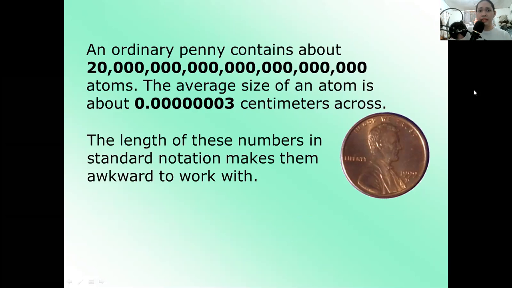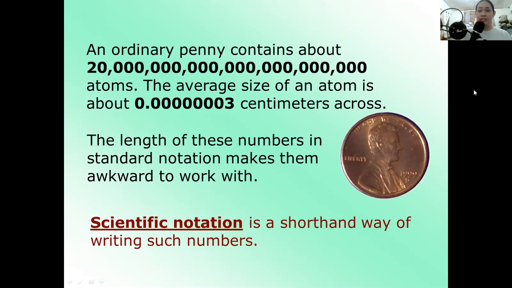Now, the length of these numbers in standard notation, these are standard notation, okay? Please take note. The length of these numbers in standard notation makes them awkward to work with because it's too big and too small. That is why we have what we call scientific notation, a shorthand way of writing such numbers.